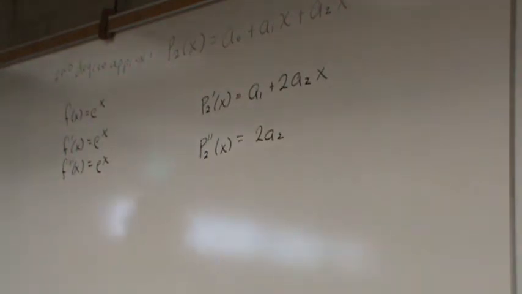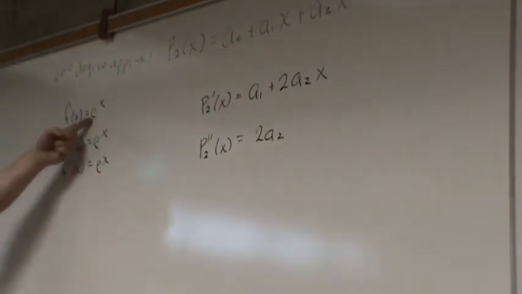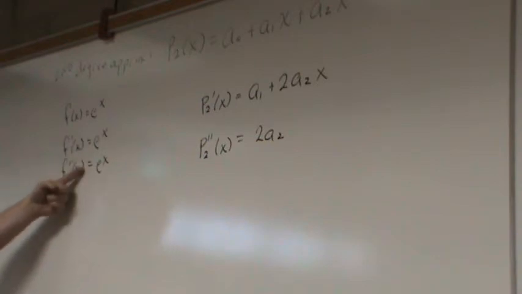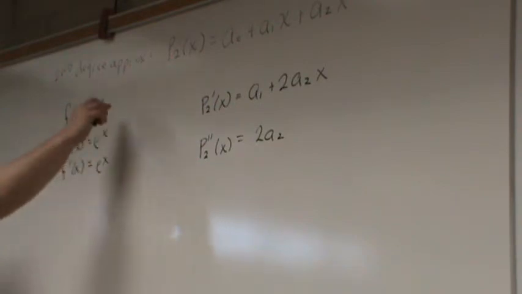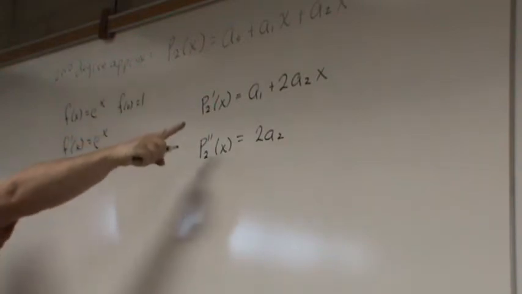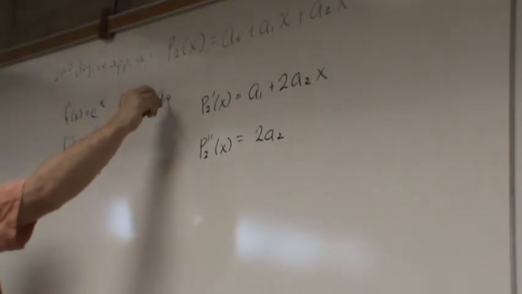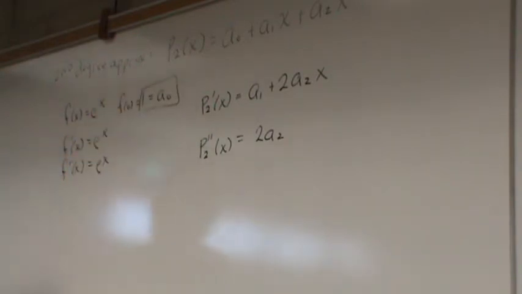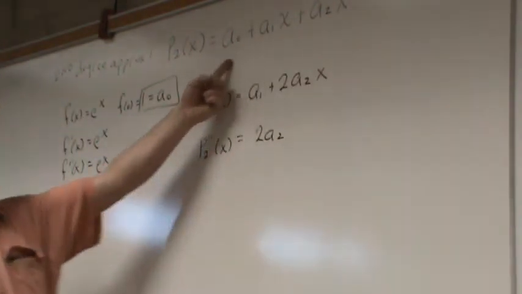And now I'm just going to set the functional values equal to each other, the first derivatives equal to each other, and the second derivatives equal to each other at x equals 0, which is where the center of my approximation is. So f of 0, which is equal to 1, is going to equal a0, right? Because when I stick 0 in here, I get a0.